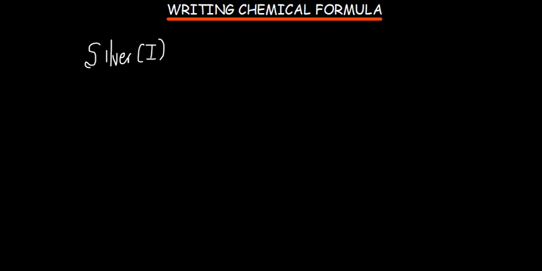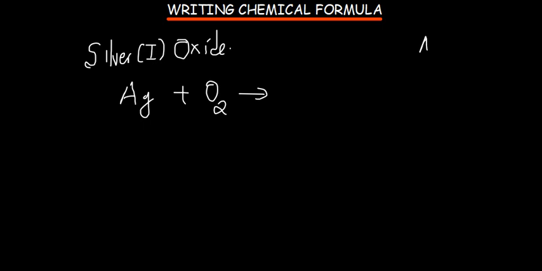Silver(I) oxide, or silver oxide. The symbol for silver is Ag. This is going to react with oxygen. Silver, they've told us the valency is 1, oxygen has a valency of 2. These 2 numbers are going to swap, so it becomes Ag with a 2 and then oxygen.